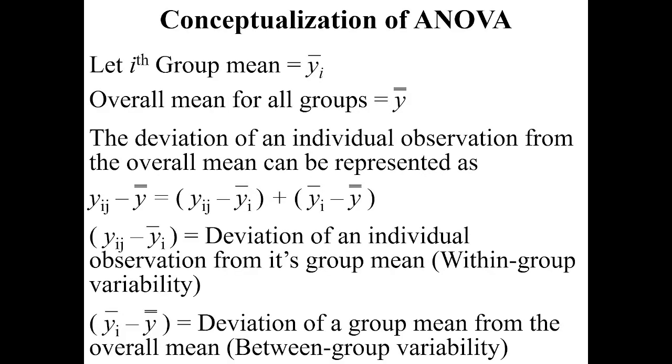Now, conceptualization of ANOVA. I am going to introduce some terminology which is not a big deal or difficult to understand. Let the ith group mean be y bar i. As we are familiar, any mean is x bar, y bar; such labeling is not uncommon. The overall mean for all groups is y double bar.